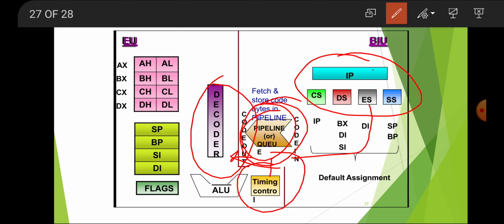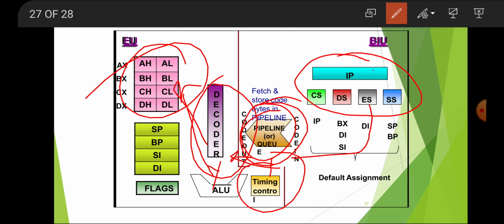Suppose you want to add, then the control unit decides, yes, and sends the signal in all directions that the instruction is to add. Then it will store the data in AL, BL, the general purpose registers. You can fetch the data from them and store the data in those registers. Then the data is given to the ALU.